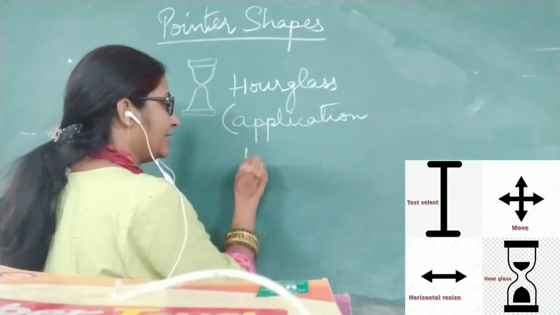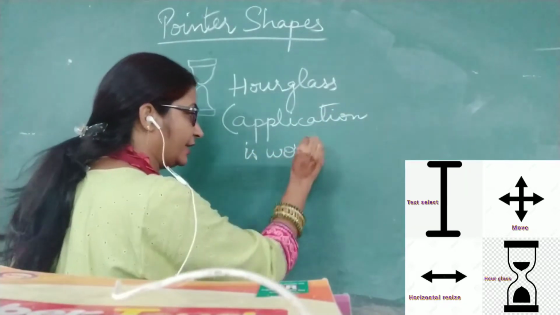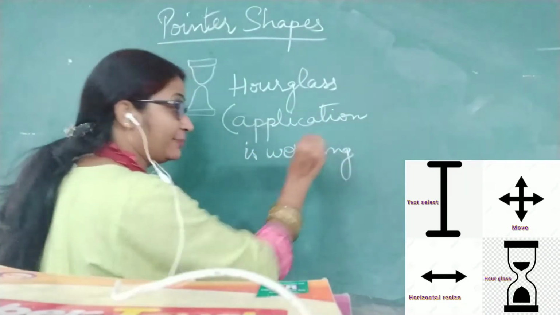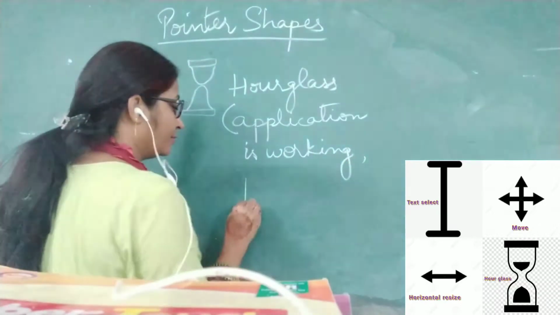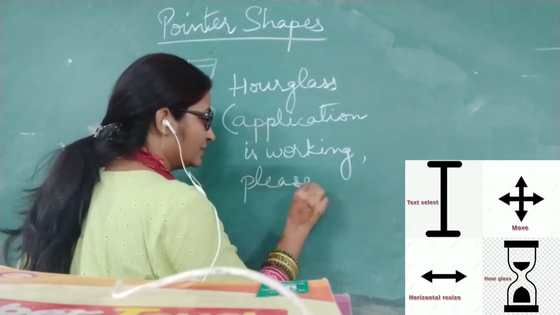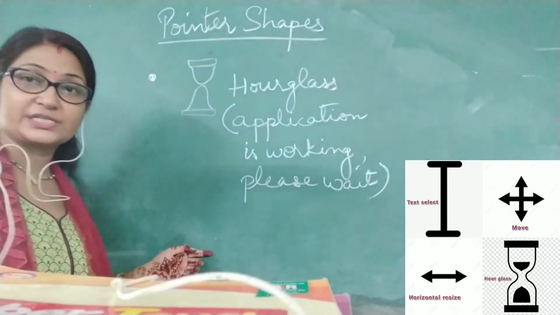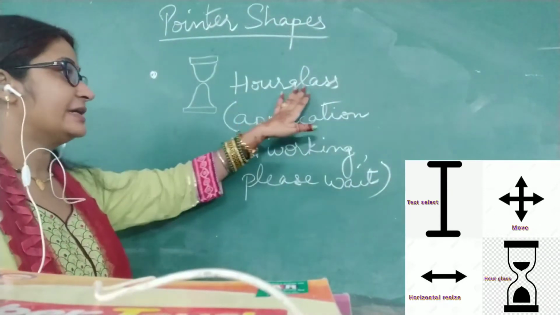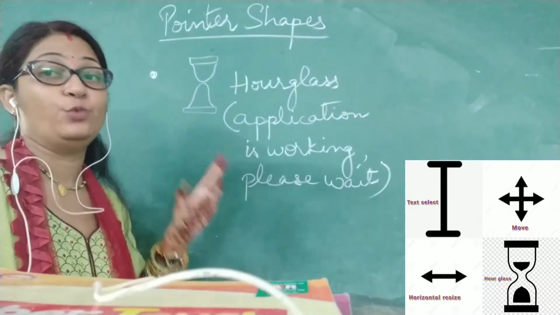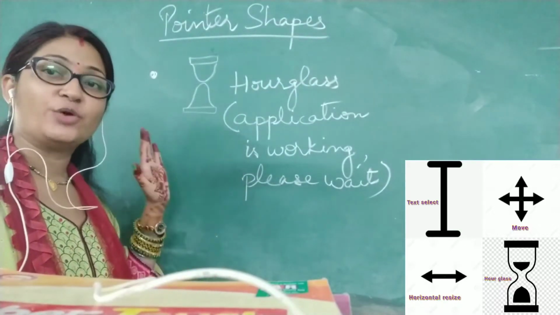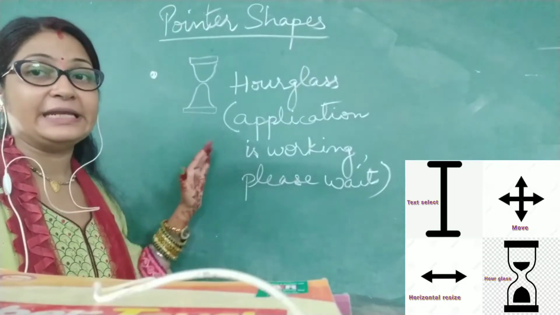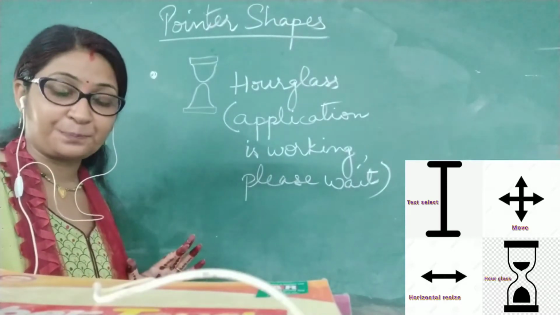This shows the application is working. Please wait. That means your work is in progress and you have to wait. So whenever you see this hourglass on the screen, it means you have to wait because your application, your program, is under process.